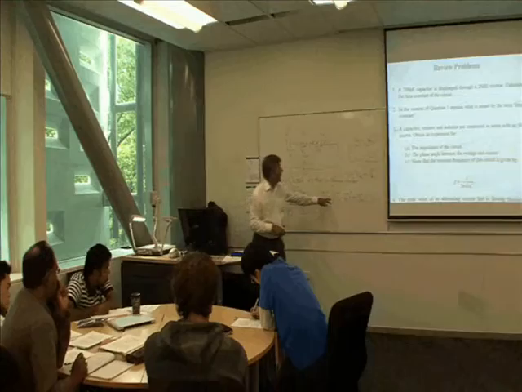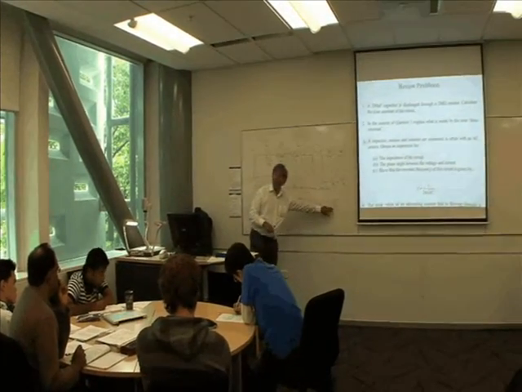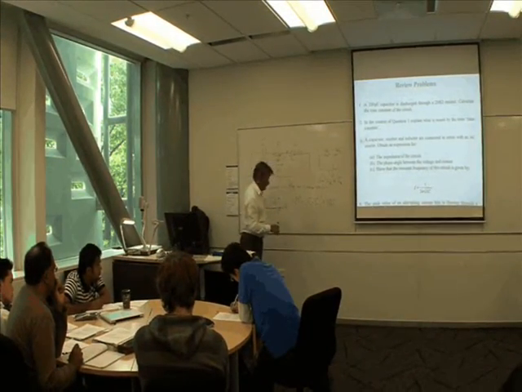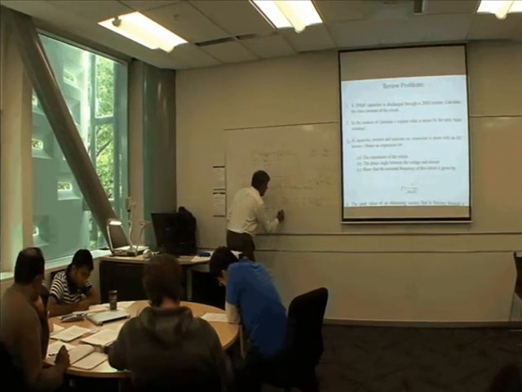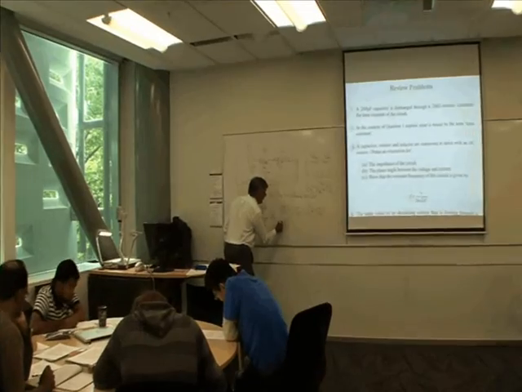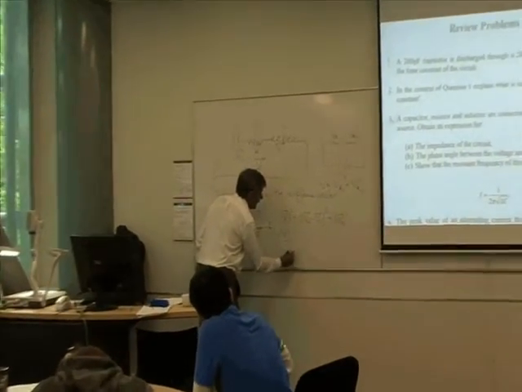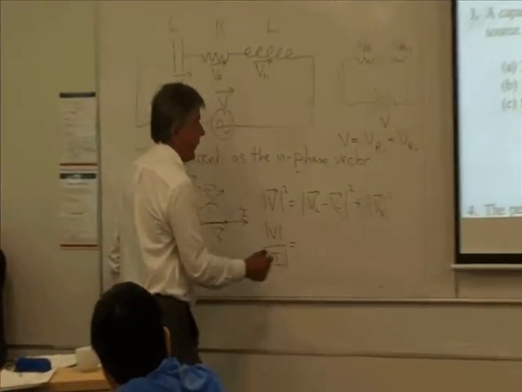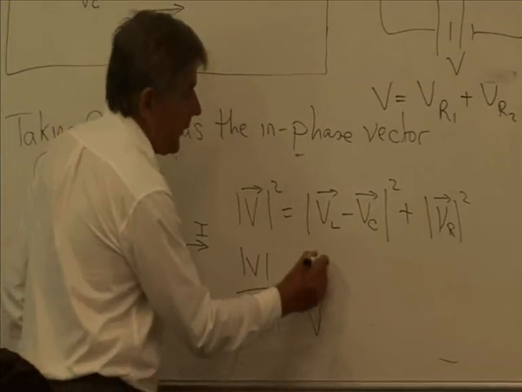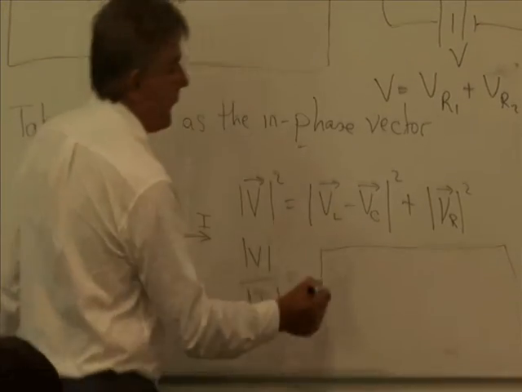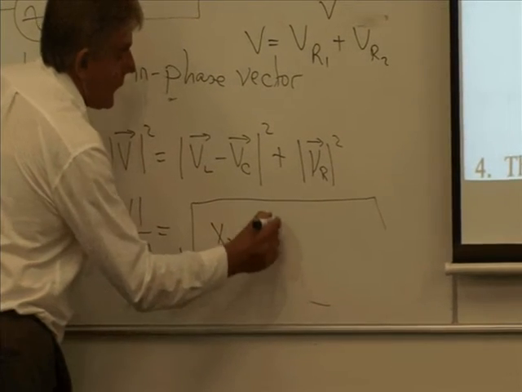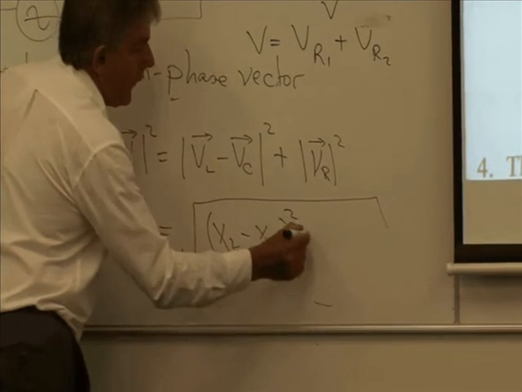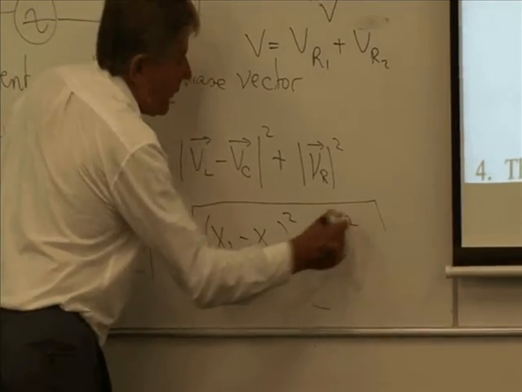These all have a current term in them, so if we pull that out, the magnitude of V over the magnitude of I, taking the square root of this side, is going to be the square root of XL minus XC squared plus R squared.